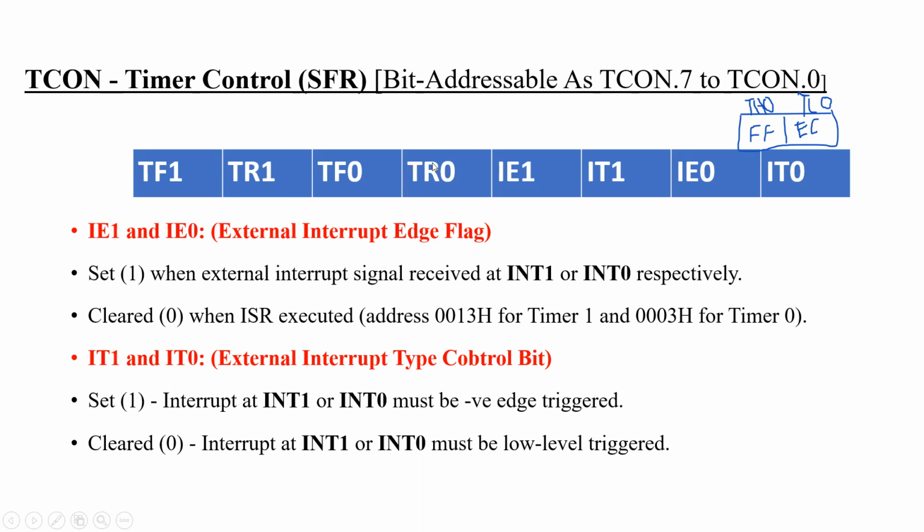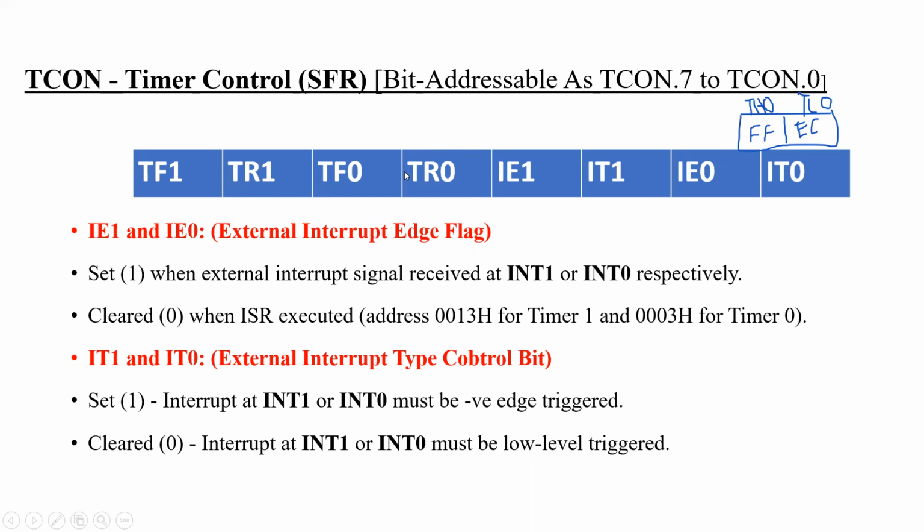To start the timer, the run bit should be 1, and to stop the timer, the run bit should be 0. To start timer 0, this bit should be set to 1, and to stop timer 0, this bit is set to 0. In the case of timer 1, we use the TR1 bit, and TF0 is the overflow bit.